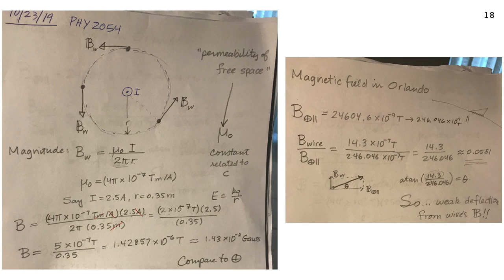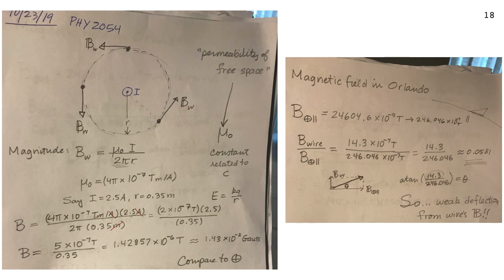So the arctangent of that tilt angle, that deflection angle theta, excuse me, the arctangent of 14.3 over 246.046, is equal to the deflection angle theta.